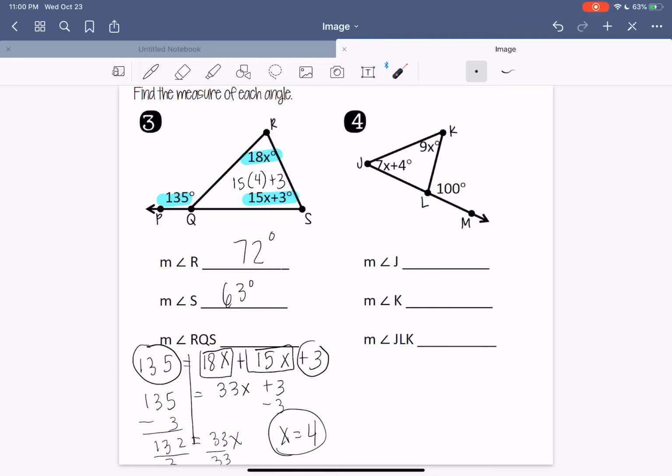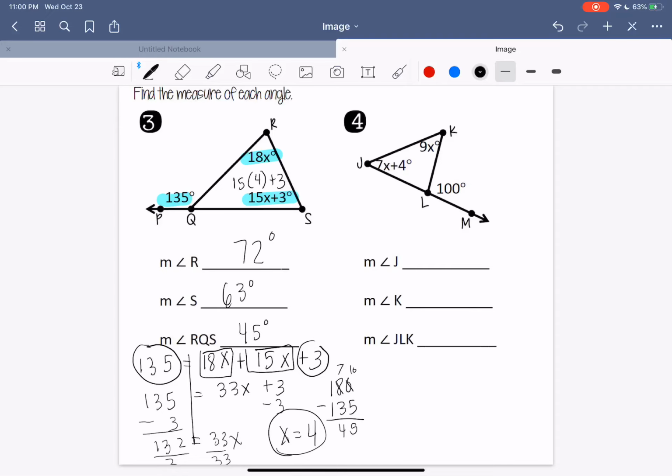So we know that R and S equal 135, so we can subtract 135 from 180. This will become 7, 10, 5. 7 minus 3 is 4, and we have 45 degrees. And make sure to write your degrees pretty small so that they don't get confused for zeros.